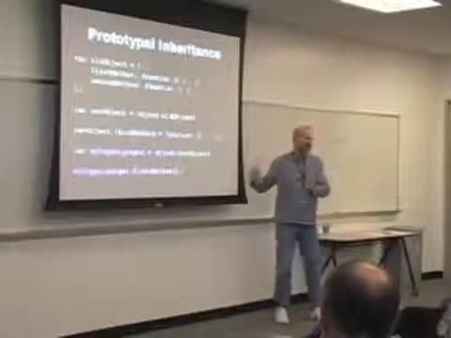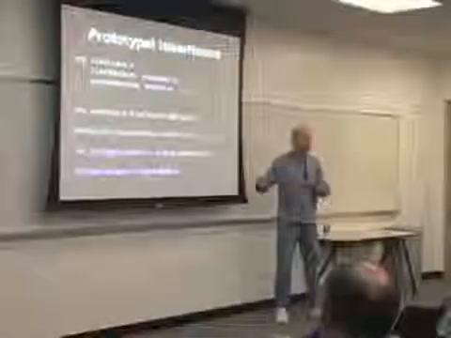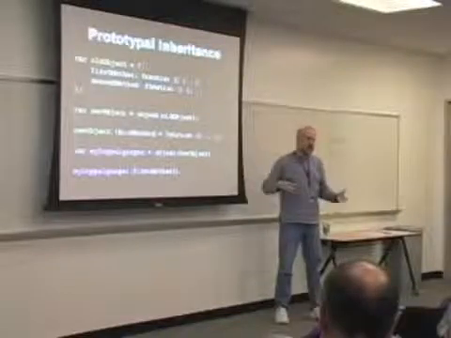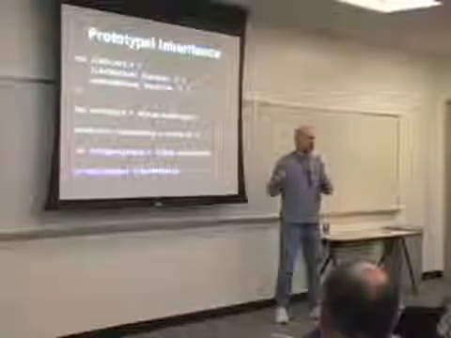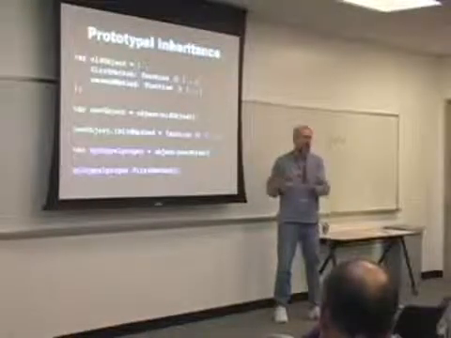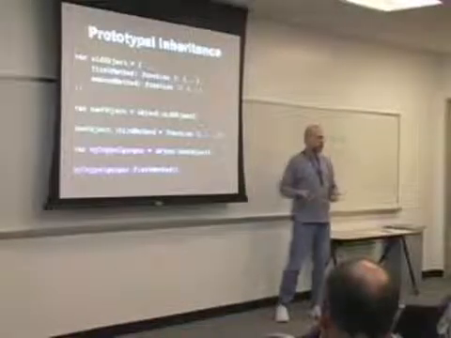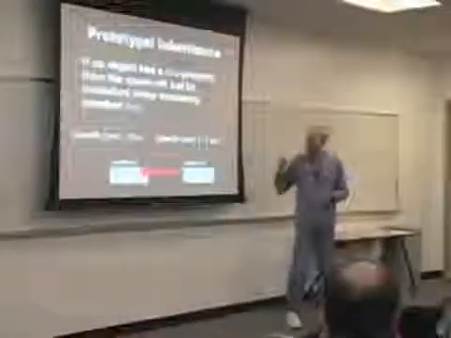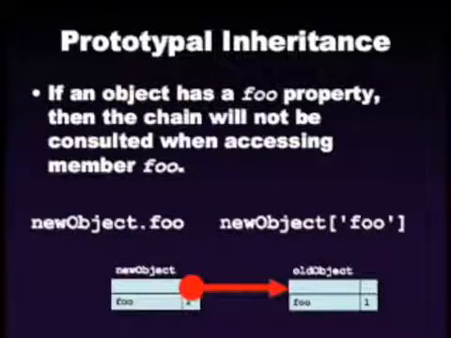So this is a very simple pattern for reuse of objects. I can make new instances without needing any classes. I just make one object that's pretty much like what I want, and then I can make lots more and customize it. And the way it works is if we try to access a property of an object and that object lacks that property, then we follow that linkage to the object that it inherits from and see if it has it.